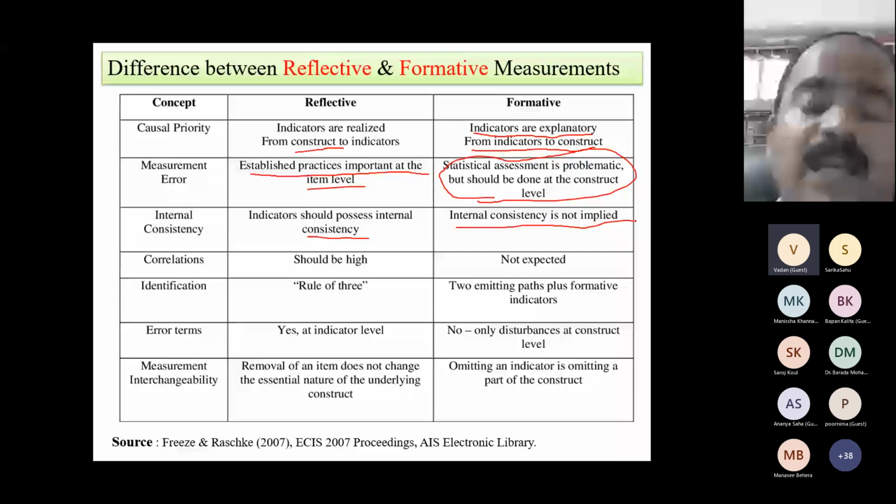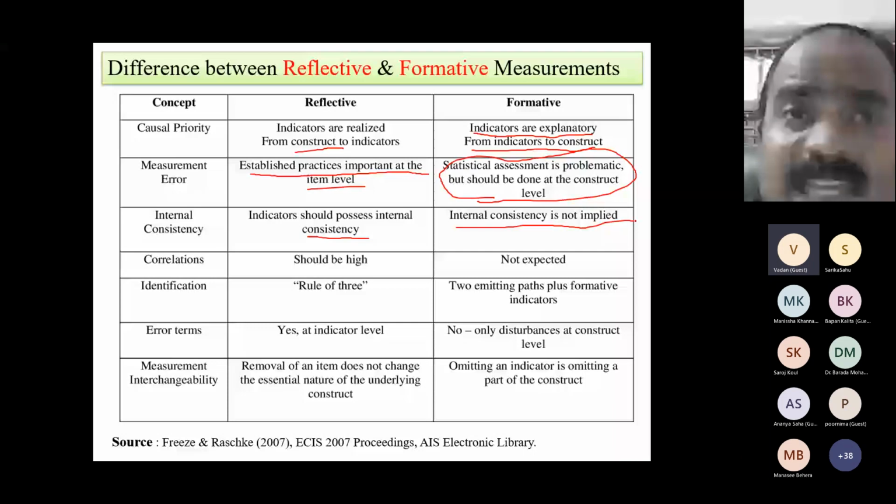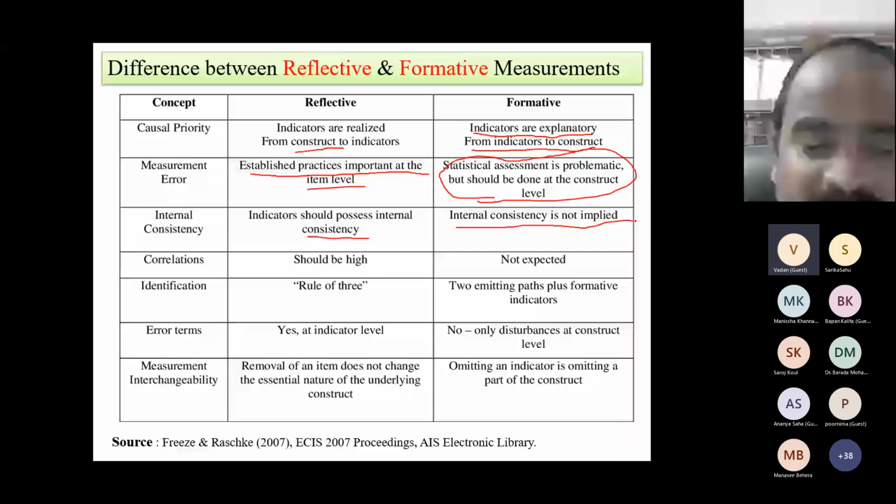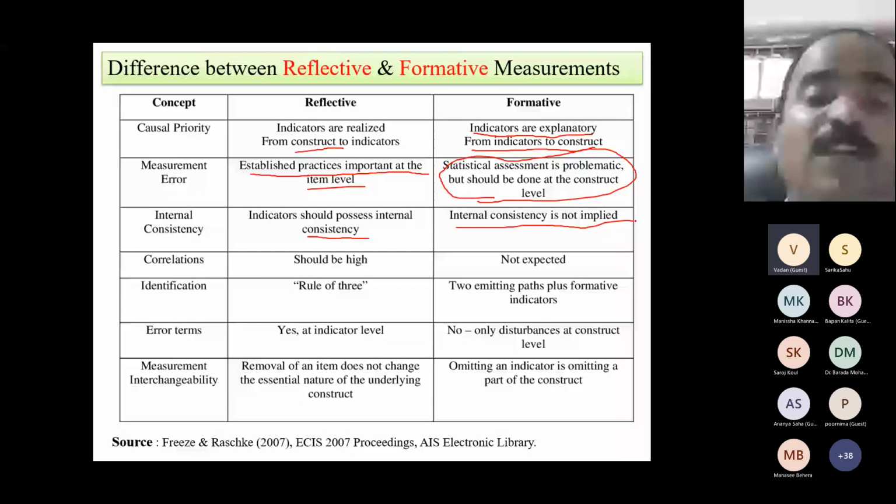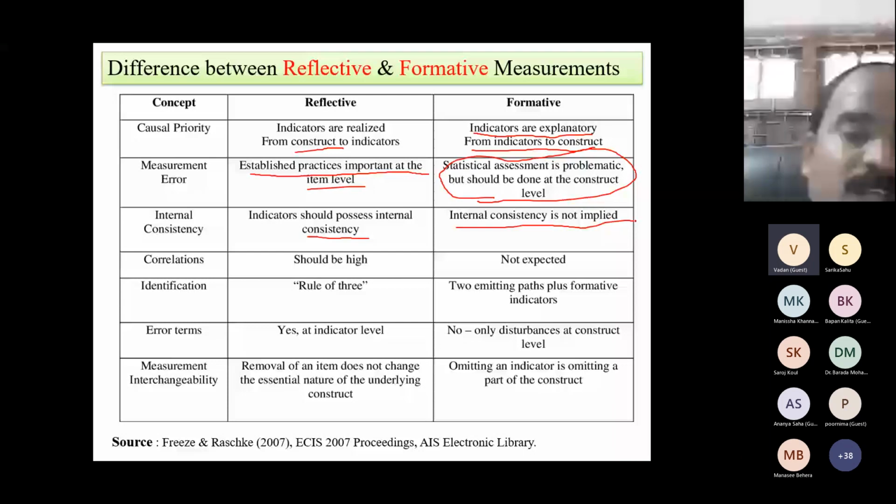That means the generalizability criteria of research, which you understand from your MBA or BCom career, has not been proven. Likewise, some other rules are there, like the rule of 3, two eminent path plus formative.